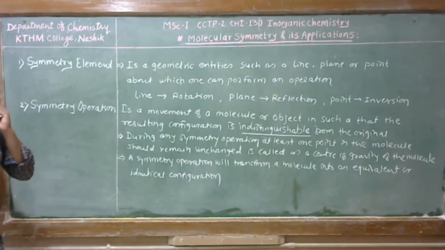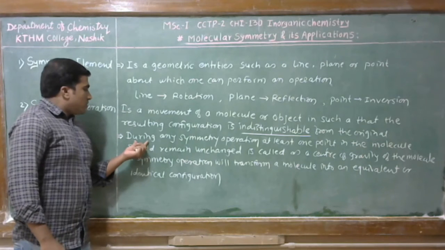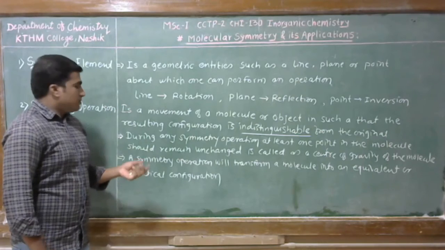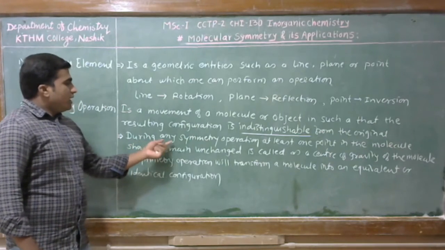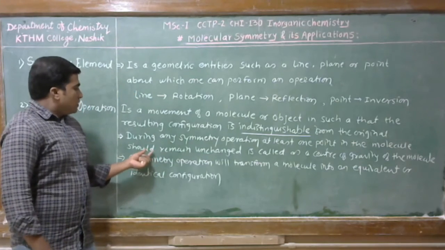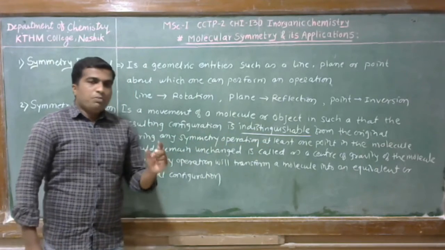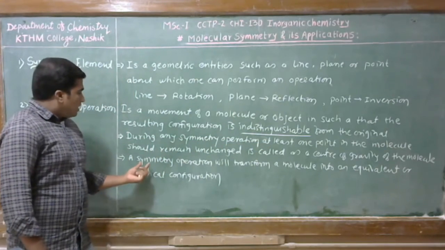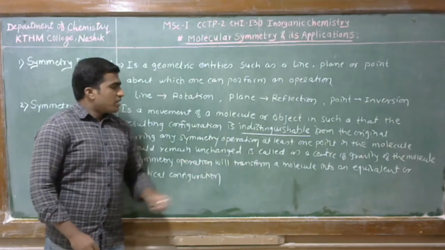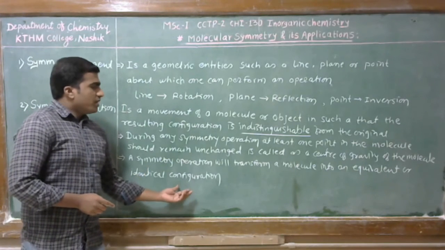So in the case of symmetry operation, there are two important things while performing any operation. First, during any symmetry operation, at least one point in the molecule should remain unchanged. This point is known as the center of gravity of the particular molecule. Next, a symmetry operation will transform a molecule into an equivalent or identical configuration.